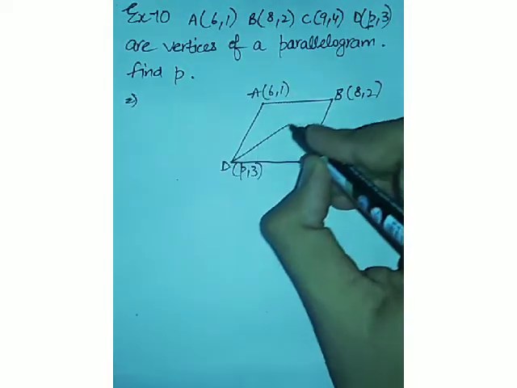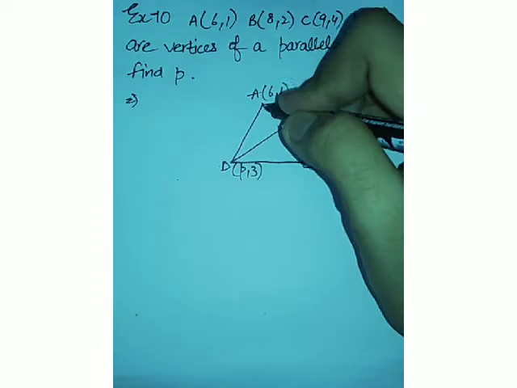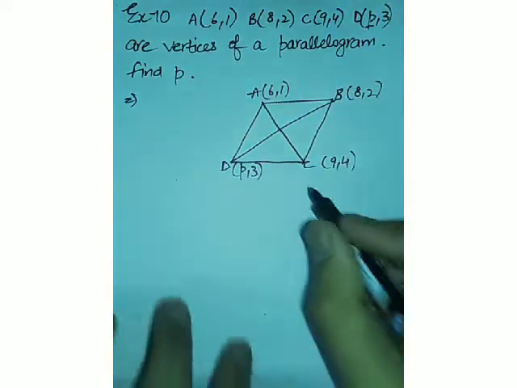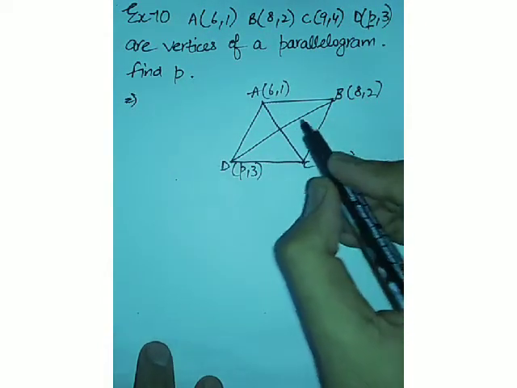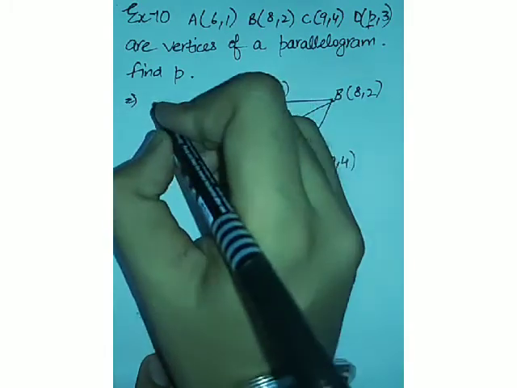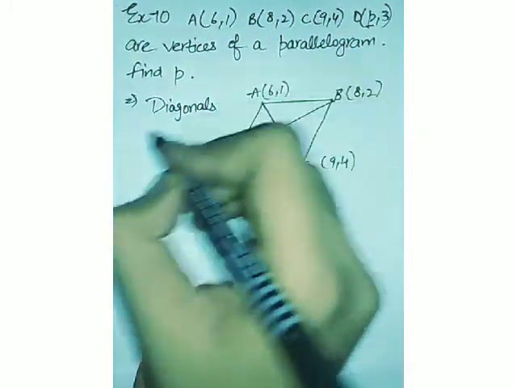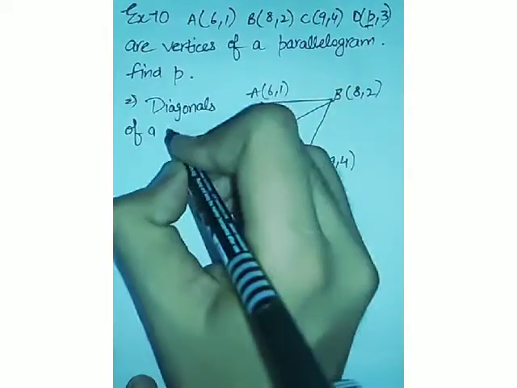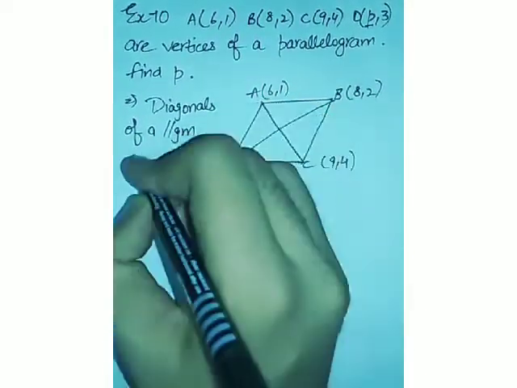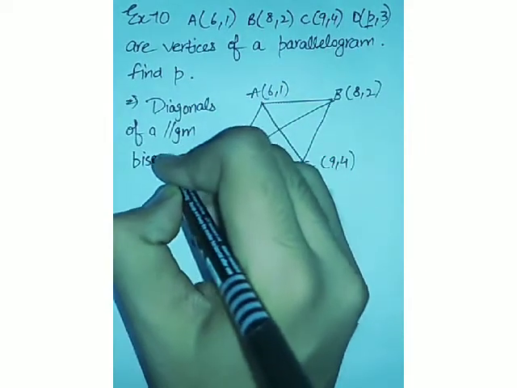Now draw the diagonals. If you know the properties of a parallelogram, it is very clear that diagonals of a parallelogram bisect each other.